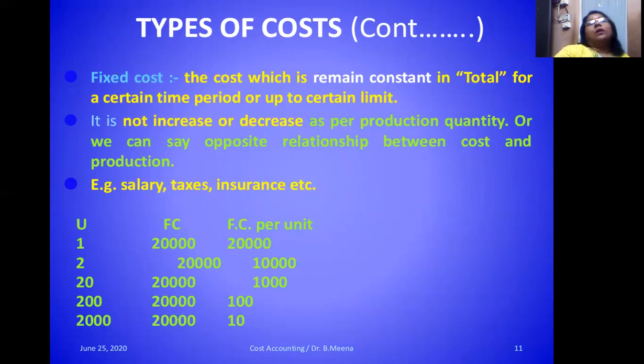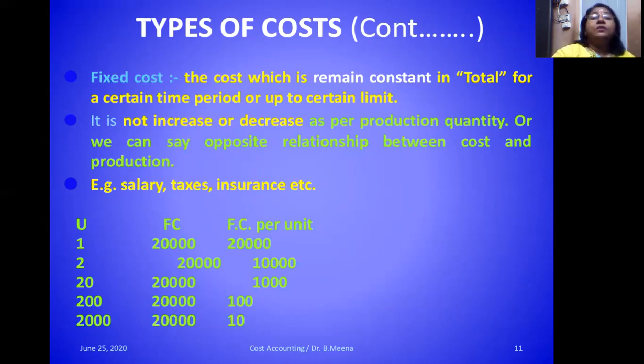Fixed cost remains constant whatever be the volume of output. It is a cost incurred for procuring the fixed factors of production. I can give the examples: land, machinery, buildings. These are all the fixed factors of production in the short period.